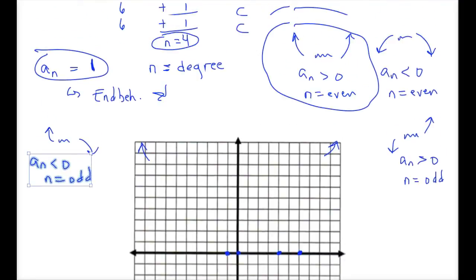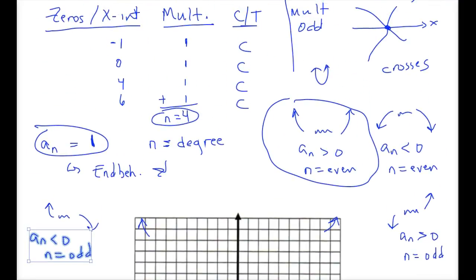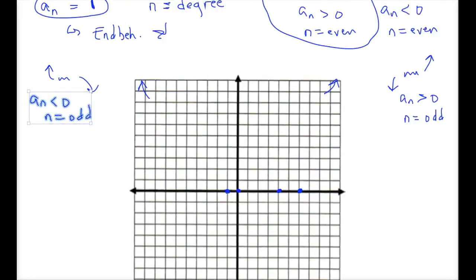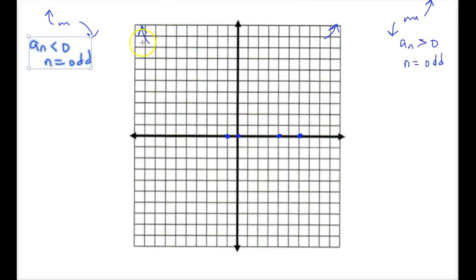And when we look at all these, we see that since the multiplicity is 1 for all of them, which means that the graph will cross through the x-axis, then if we start from up here and noting that a polynomial function must always be continuous, the only choice for our first 0 here, which is at x equals -1, is to cross through like that.